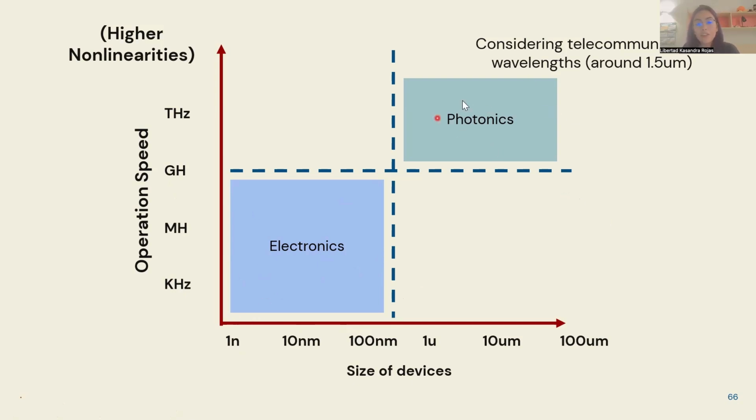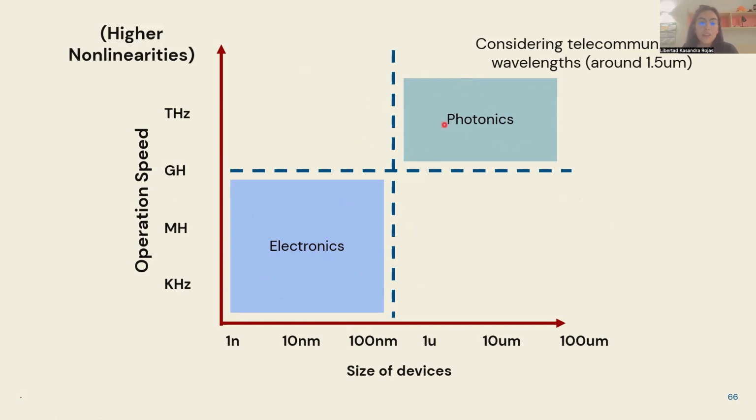And for photonics, it would be up here, where you cannot go really, really small, mainly because remember in photonics, sometimes one of the main applications would be telecommunications, right? And if you want to be at a telecommunication wavelength, which is around 1.5 microns, you cannot make your waveguide smaller than 750 nanometers. Okay, so that's why photonics is limited by that.